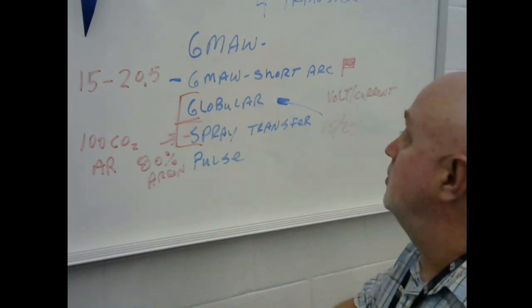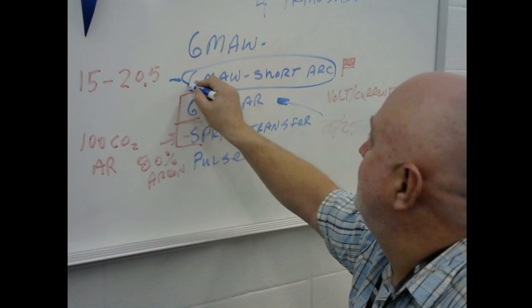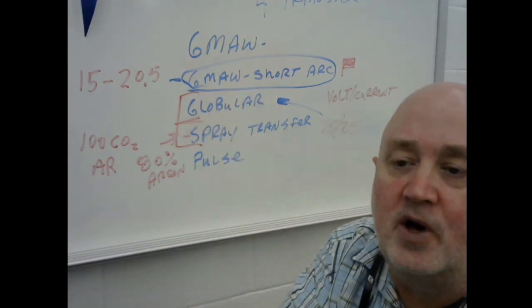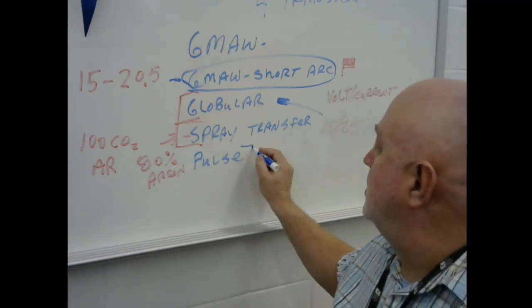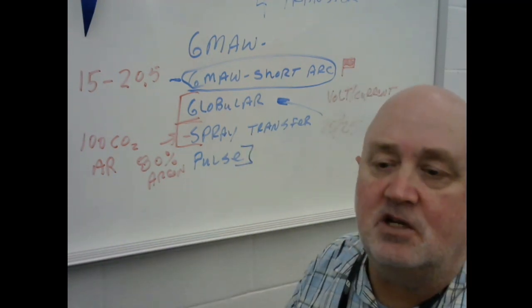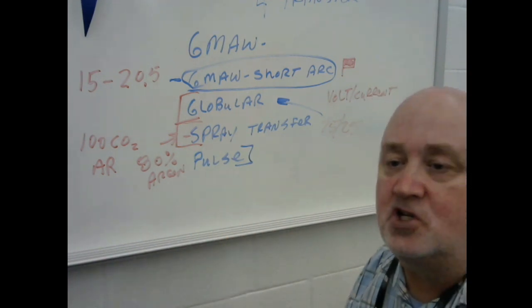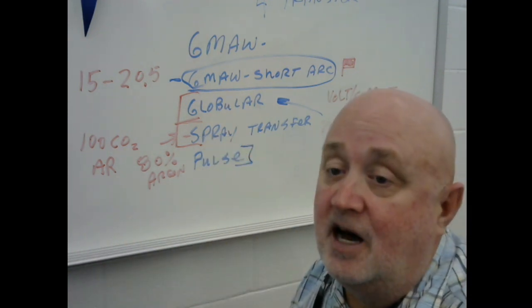Also, another thing you'll notice, short arc is the only one really that you can run out of position. It's good for sheet metal going uphill, horizontal, whatever. The other ones, pulse, you can sort of run out of position, and I'm not a real expert on it, but you can kind of run this stuff out of position. But spray transfer, it's pretty hot.